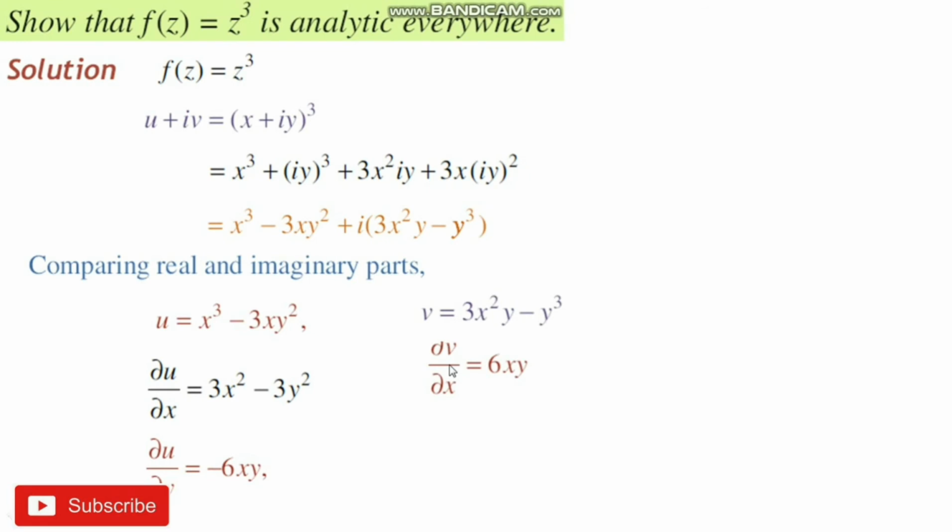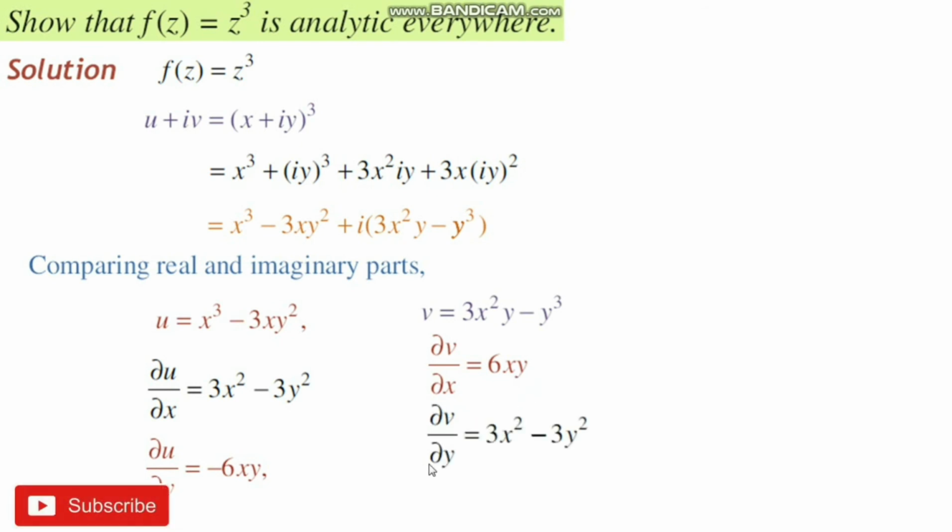Similarly, we consider dou v by dou x. 3x square derivative 6x, while y is constant. The second term doesn't contain the variable x, it is treated as constant whose derivative is obviously 0. Thus we have obtained dou v by dou x as 6xy.